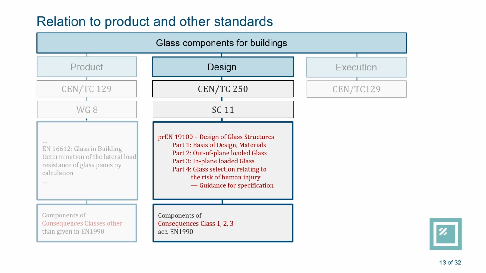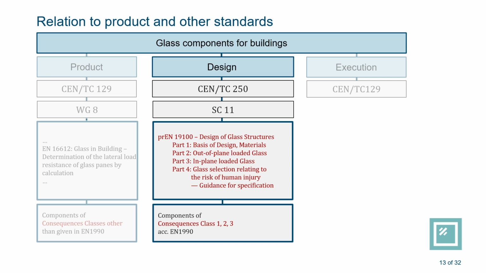The glass components for buildings have relations to the product standards, which are regulated under CEN/TC 129. And there we identified that we already have a code which deals with calculation of glass. That was an additional task, to arrange and to accommodate with those people. And we succeeded in this, in that way that we have harmonized our rules in SC11, in the Eurocode 10.